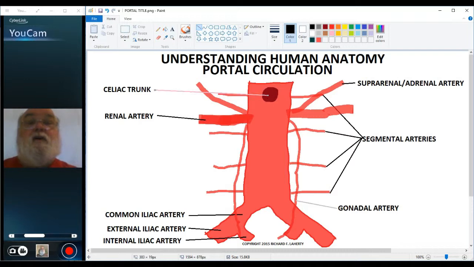Now, another artery we're going to be dealing with, another unpaired branch, is the superior mesenteric artery. And that originates and runs down to the right side of the body.